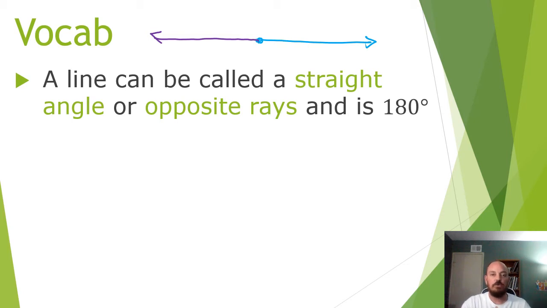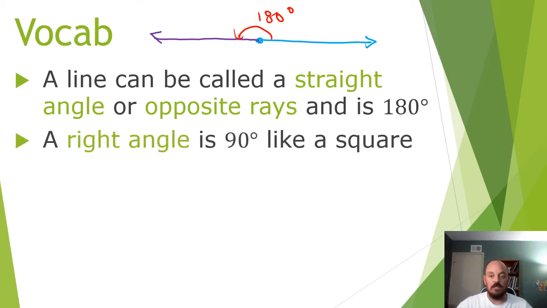Now technically, even though we don't usually think of that as an angle, it is. It's 180 degrees. If I measure this angle right here, it would be 180 degrees. So we can call a line a straight angle or opposite rays, and it equals 180 degrees.